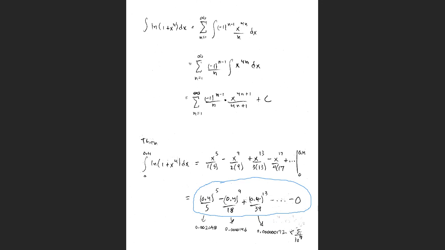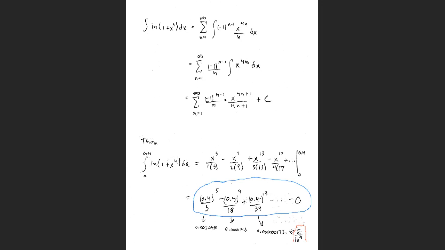And therefore 5 divided by 10 to the 7th power, because 7 is 1 more than 6, is the criteria that we're looking at.